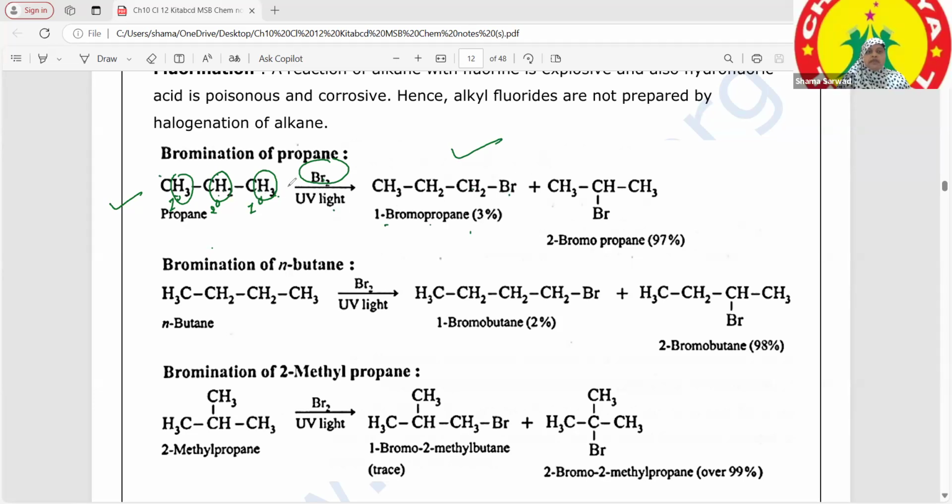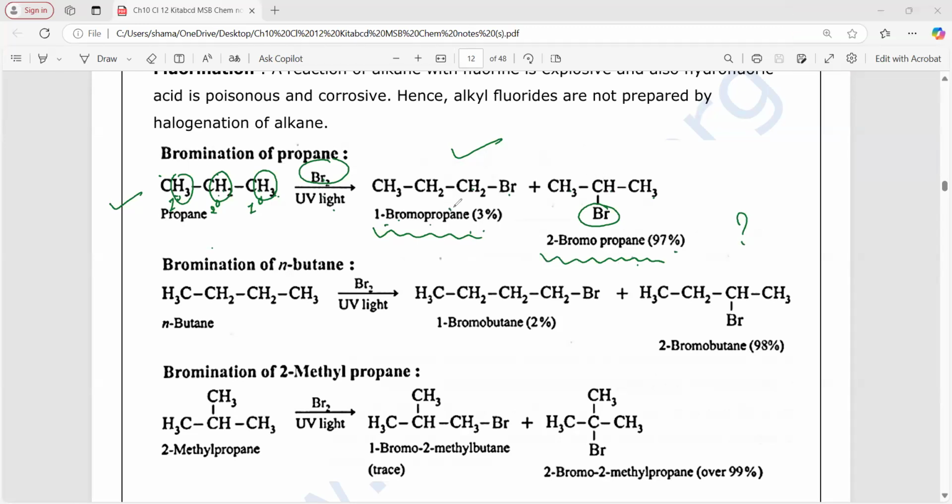At the same time, if this Br goes at the secondary position, you will get the compound CH3, CHBr, CH3, with the bromine attached to the middle carbon. So it will be 1-bromopropane, and this will be 2-bromopropane. And if you see the product yield, it will be 3% and 97%. Why is this so? Because secondary carbocation would be more stable as compared to primary.